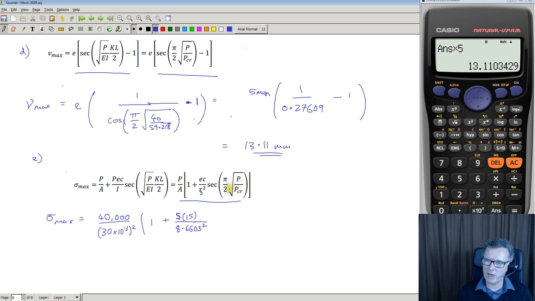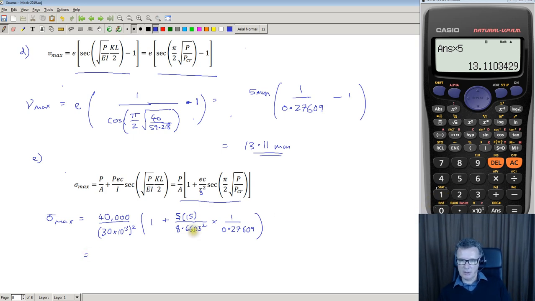Now the sec is this term here, so multiplies by 1 over cos, close the bracket, and that's it, job done. So let's work out this bit here first. 5 times 15 divided by 8.6603 squared, and see if we get reasonable things as we go along.